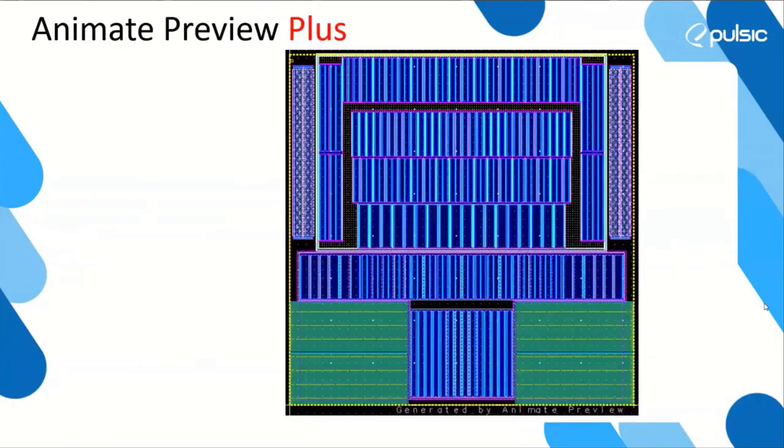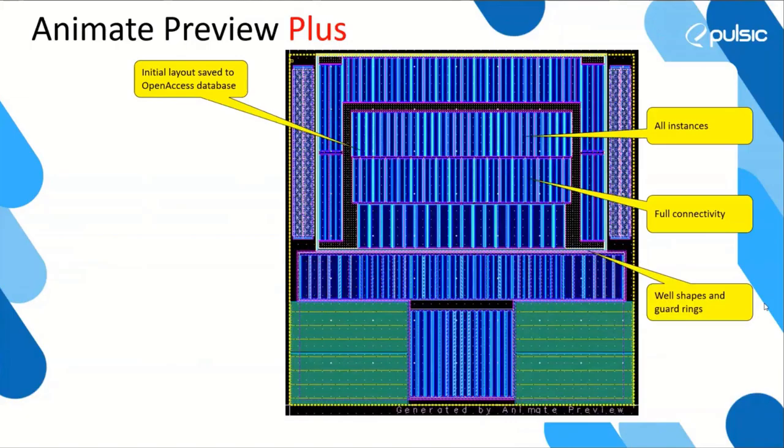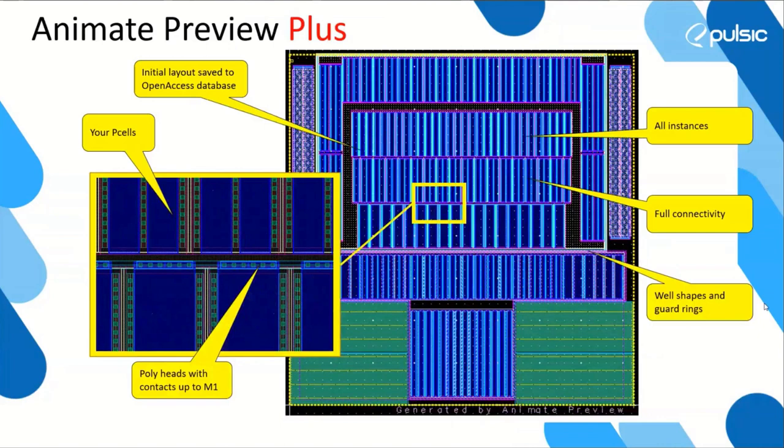And then we have a version of the tool called Animate Preview Plus, and this will actually let you save the completed layout back to the OpenAccess database. The current version saves all the instances, the full connectivity, the well shapes and guard rings, etc. It also uses your P cells, like you can see there, and it puts in what we call base layer routing.